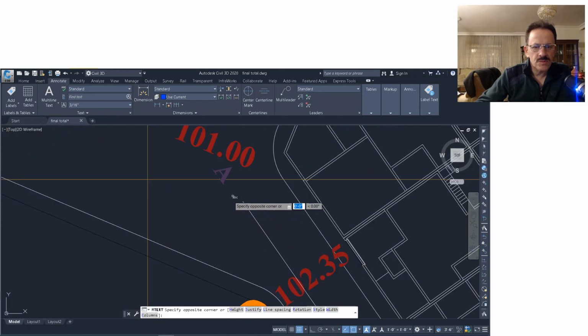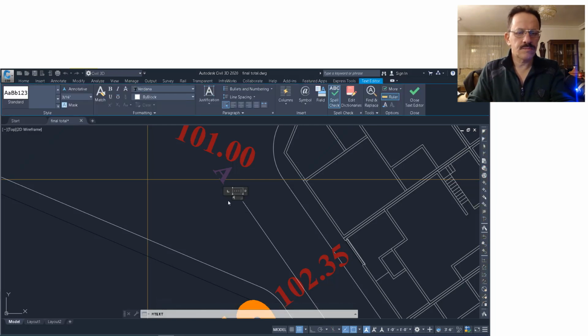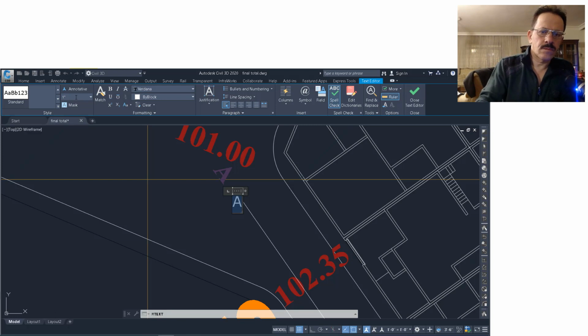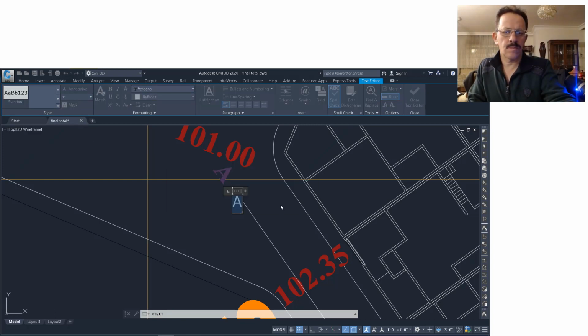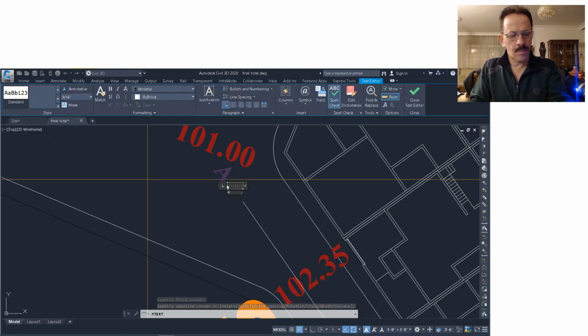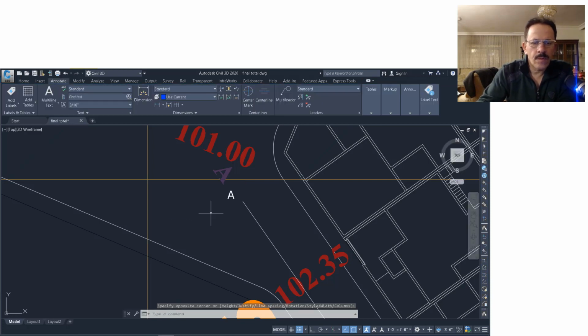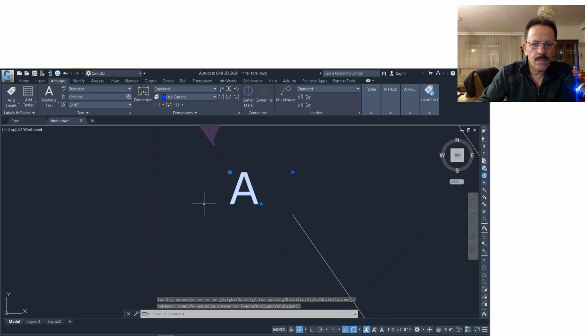For example, I want to name this one as A. Okay, this will be A, and I will copy it.